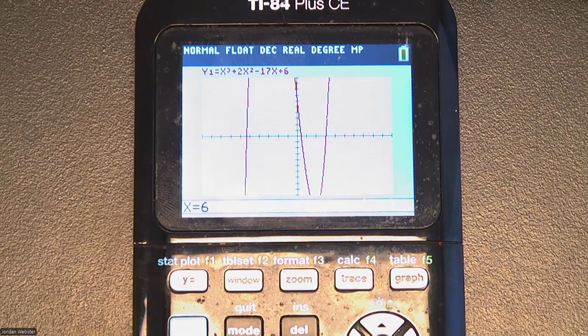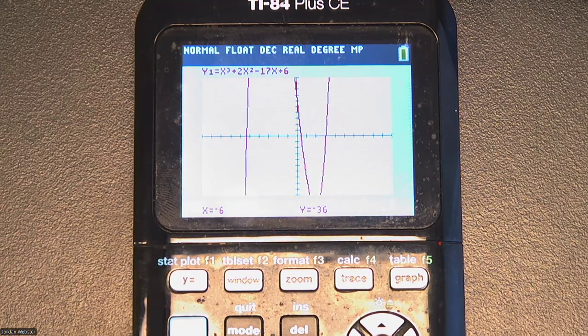That'll plug in 6 into the x value, and that gives me an output of 192. I can plug in 3 into the x value just by hitting 3, and that gives me a 0. I can plug in 2, that gives me a -12. I can plug in 1, that gives me a -8.